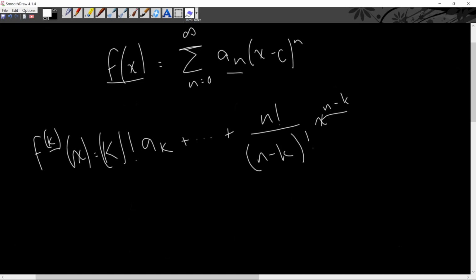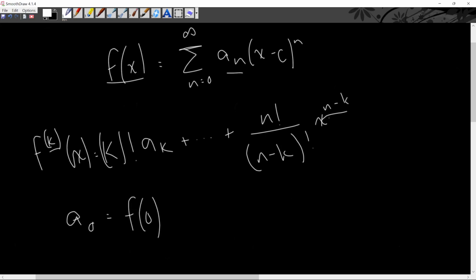And if we set x equals 0 in all of these series, that means that a sub 0 is equal to f of 0, right?